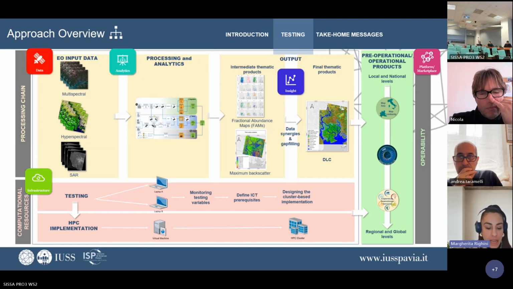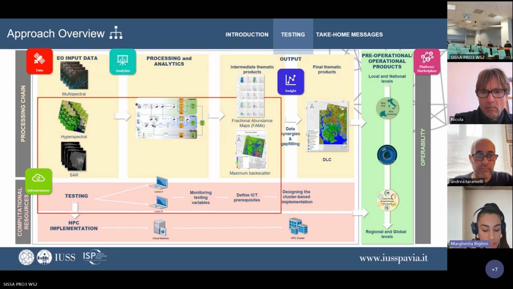That means satellite hyperspectral, multispectral, and radar data from different national and international missions are provided as input data, and then processed using algorithms for the temporal and spatial characterization of land surfaces and related processes, to first obtain what we call intermediate products, and then, through data synergies and gap filling, a final land cover thematic product.